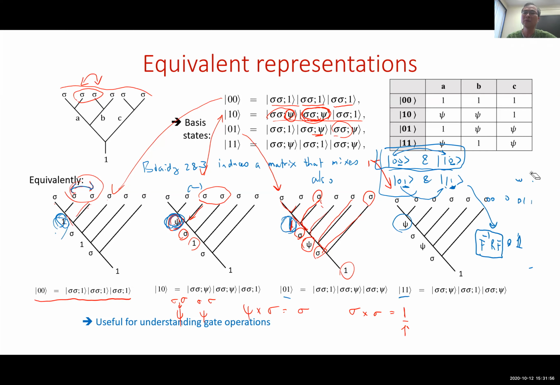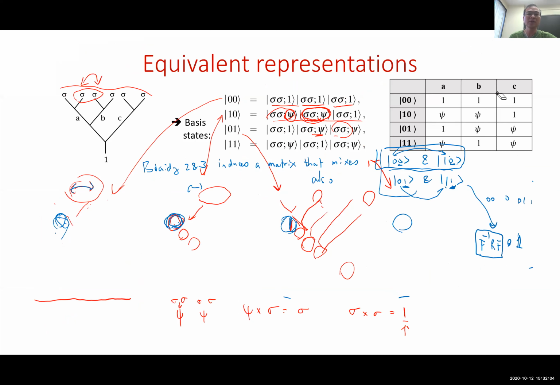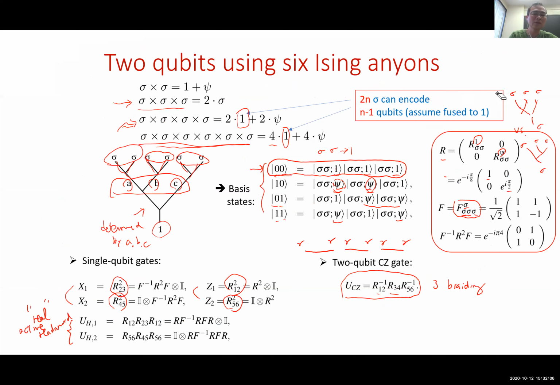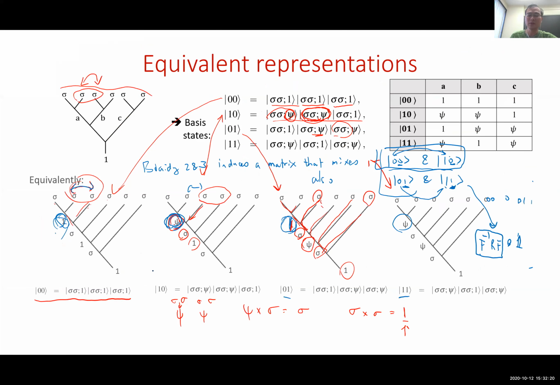Okay. So this is how we get this gate x1. Yeah, this is what's written here. Okay. And the way to understand x2 is similar, but let me illustrate that also.